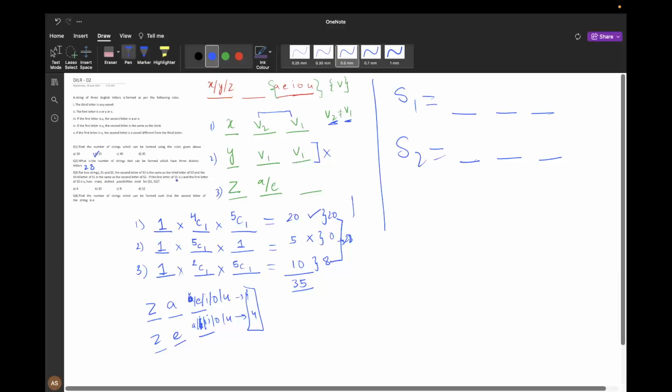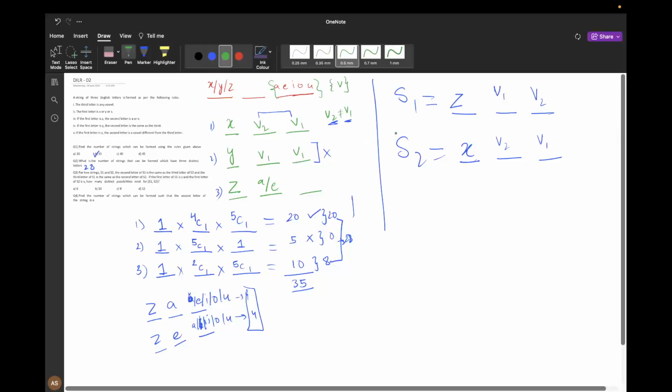If the first letter of S1 is Z and the first letter of S2 is X, that's what the question said. S1 has Z as the first letter and S2 has X. And the alternates 2 and 3 here and 2 and 3 here are same. So let's assume this to be V1 and V1, this to be V2 and V2.